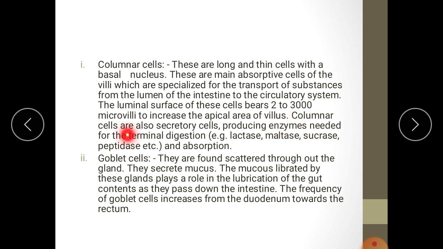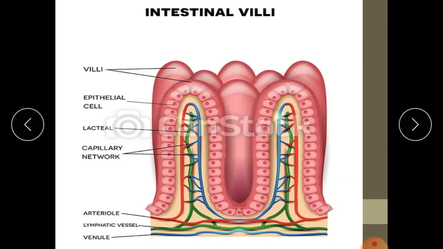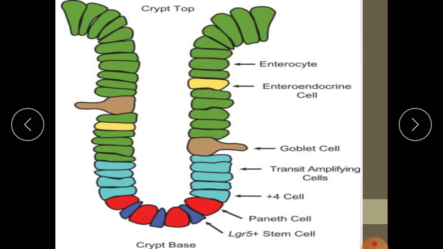Columnar cells are also secretory cells producing enzymes needed for terminal digestion, lactase, maltase, sucrase, peptidase, and for absorption. So these are columnar cells.